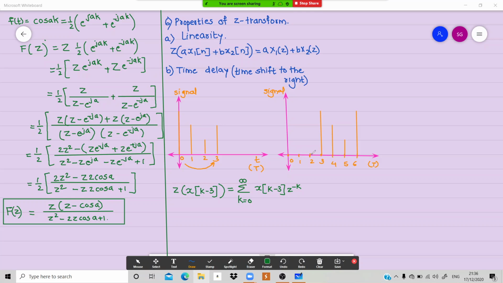So the first 3 bits are 0, and definitely I can write summation K equal to 3 to infinity X(K minus 3) Z raised to minus K. Correct. Now we don't want this. Whenever you want to represent X in terms of Z, I should have 0 over here. So we'll try to replace this by something.